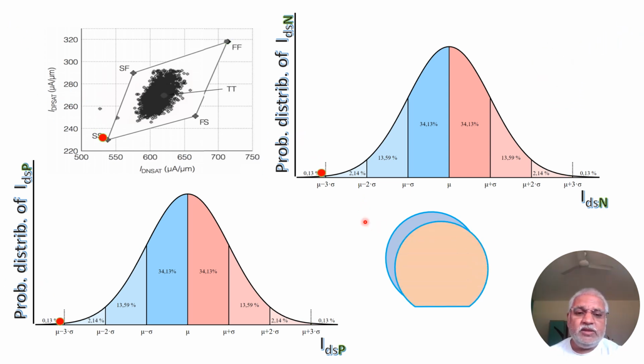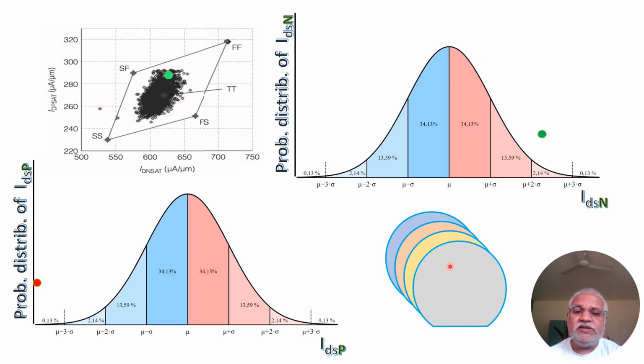In the same way, for slow corner, the drain source current of NMOS and the drain source current of PMOS are very low. And this is the typical corner, where this is the typical value and this is the corresponding wafer. Like that, different conditions of the wafers will be obtained.